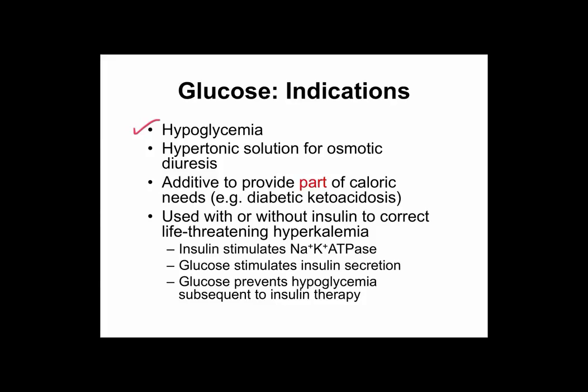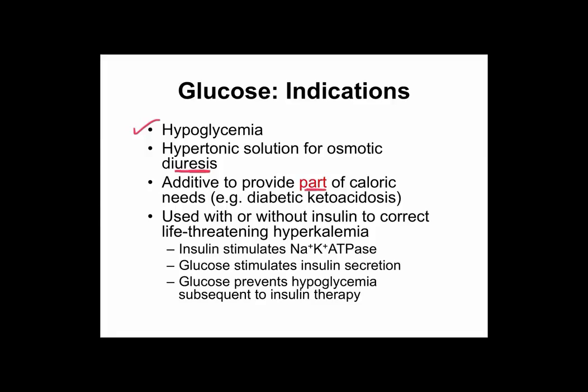That means it draws fluid into the extracellular fluid and then pushes that through the kidneys, and so it causes what we call an osmotic diuresis. You can add glucose as part of the caloric needs and when you are treating a diabetic ketoacidosis, because it's hard to give insulin without driving the glucose down too low.